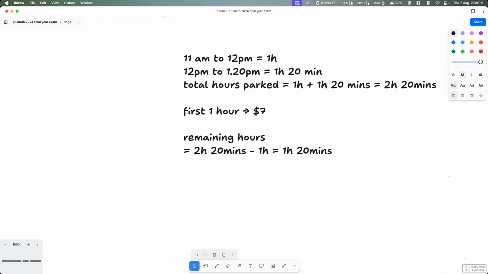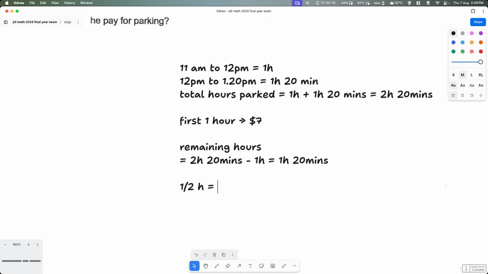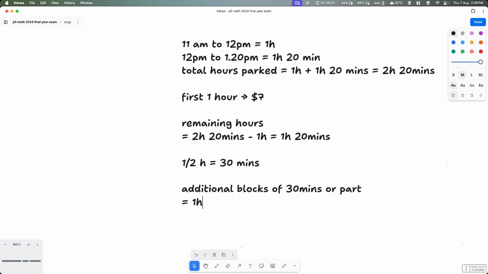So half an hour is equal to 30 minutes. So additional blocks of 30 minutes or part thereof: 1 hour 20 minutes divided by 30 is equal to 3 blocks, right? So 20 minutes is considered 1 block.